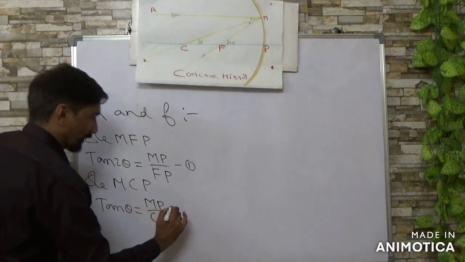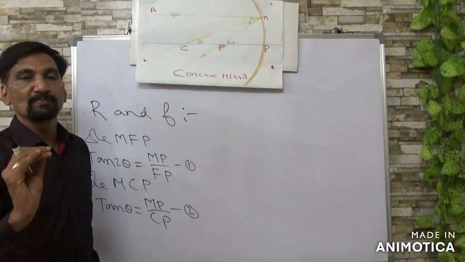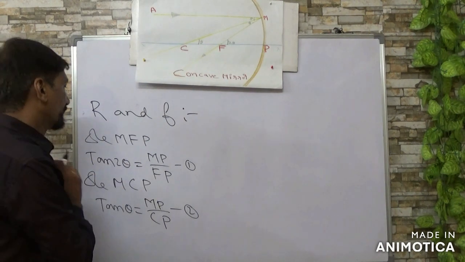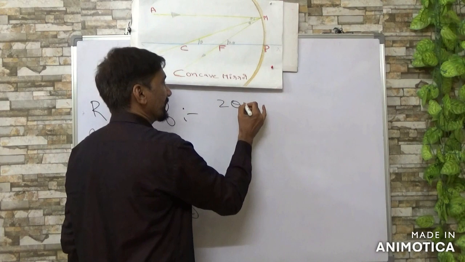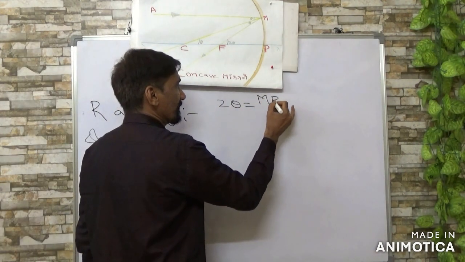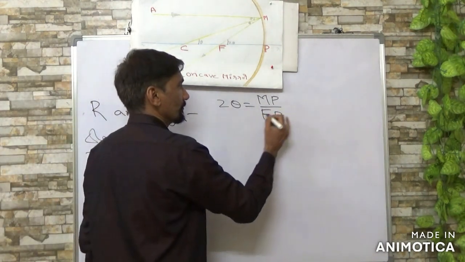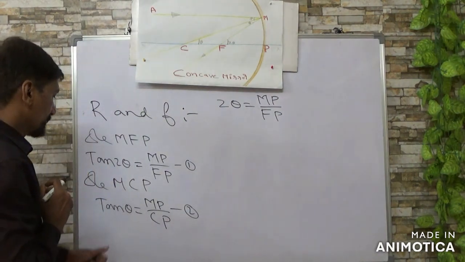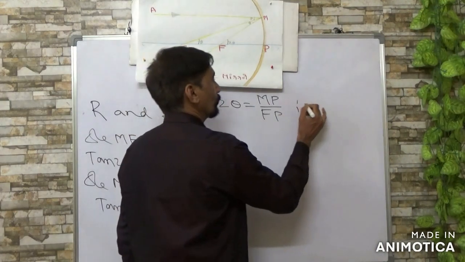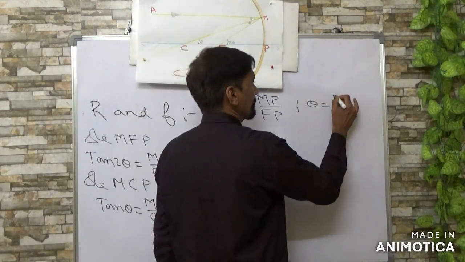Say equation 2. Whenever theta is small, tan theta is equal to theta. So, if theta is small, 2 theta is equal to MP by FP. And in the second case, theta is equal to MP by CP.